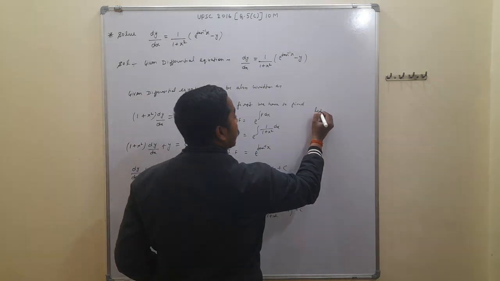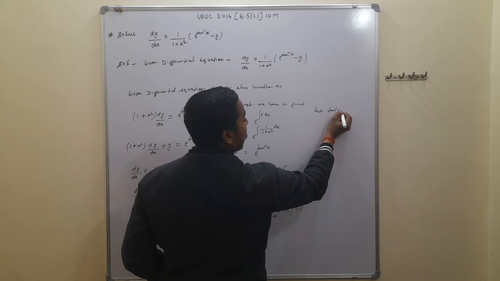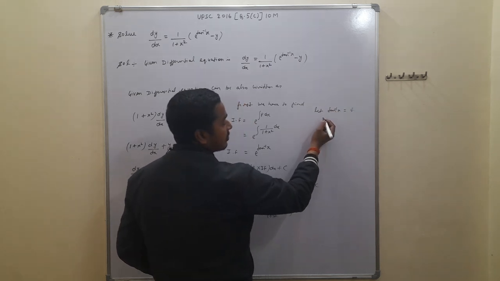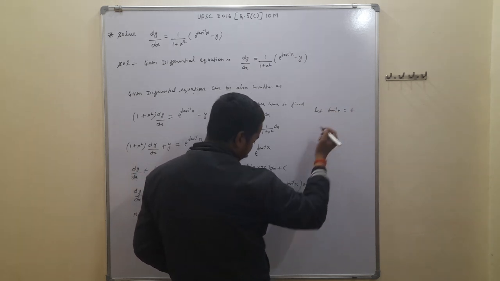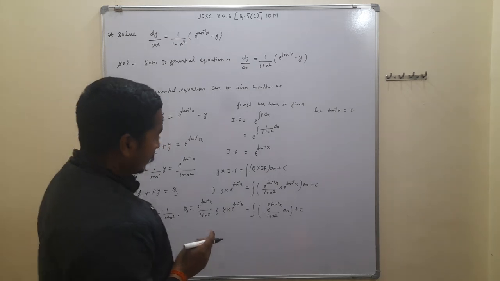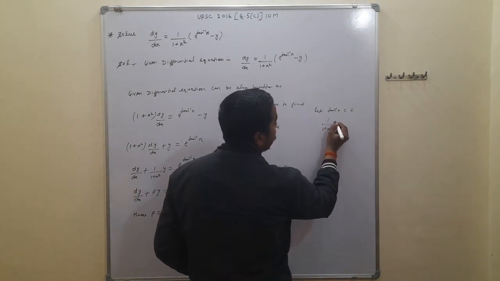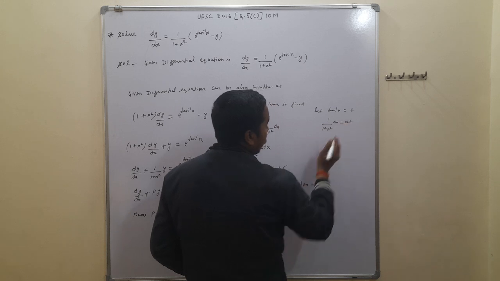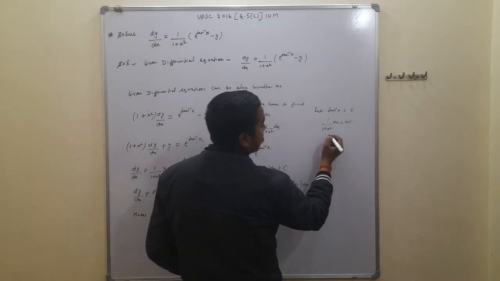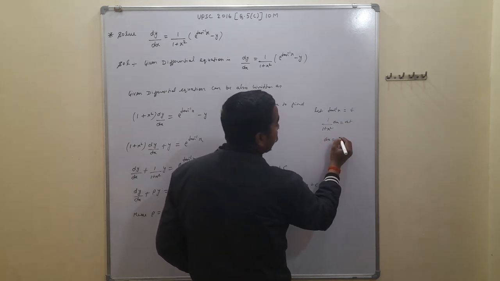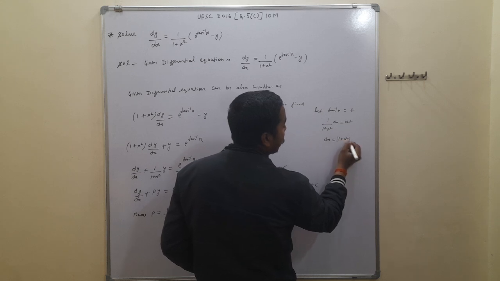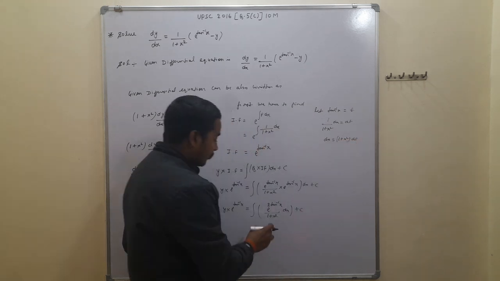Further we have to let tan inverse of x is equal to t. This gives 1 upon 1 plus x square dx is equal to dt, and we have to remove dx from here. This gives dx is equal to 1 plus x square into dt, and put the value here.